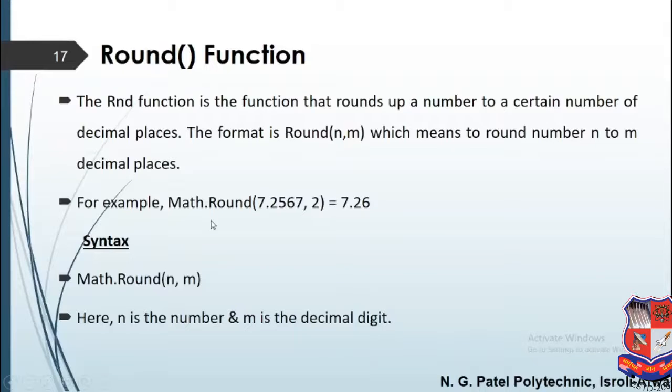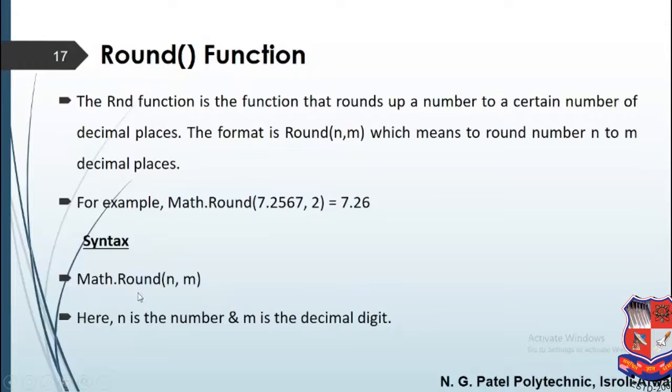In this example, Math.Round of 7.2567 comma 2. So here 7.2567 is n and m is 2, right? In the decimal value, 2 digits are indicated, so 2 and 5, but after 5 there is 6, so 5 is incremented by 1, so the output will be 7.26.